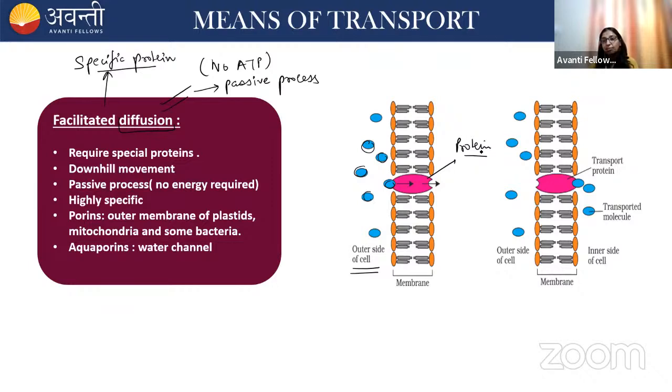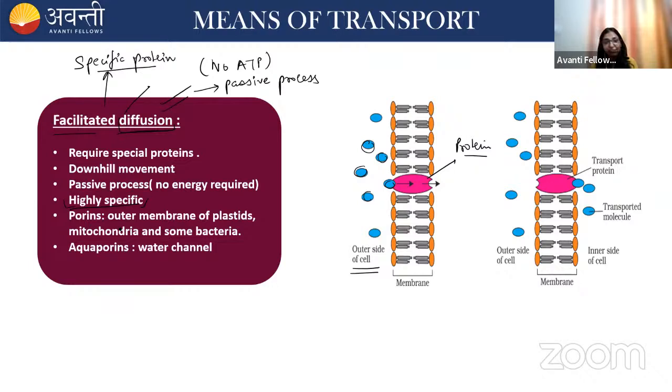These hydrophilic molecules require a special protein, and the movement of these molecules occurs through the process of facilitated diffusion. This process is highly specific because the proteins are highly specific. These proteins are able to bind only to a specific molecule, so they are selective in nature.